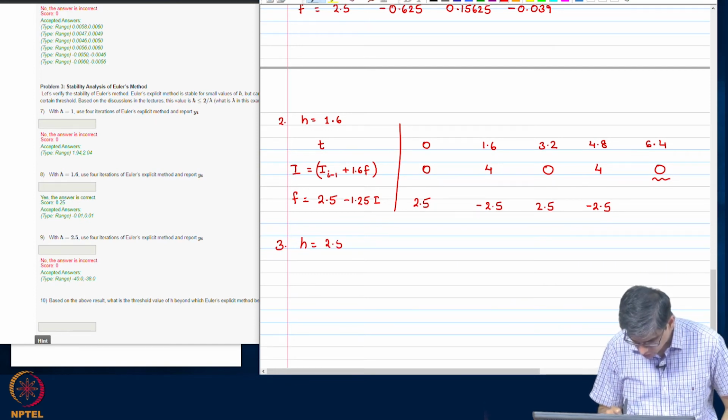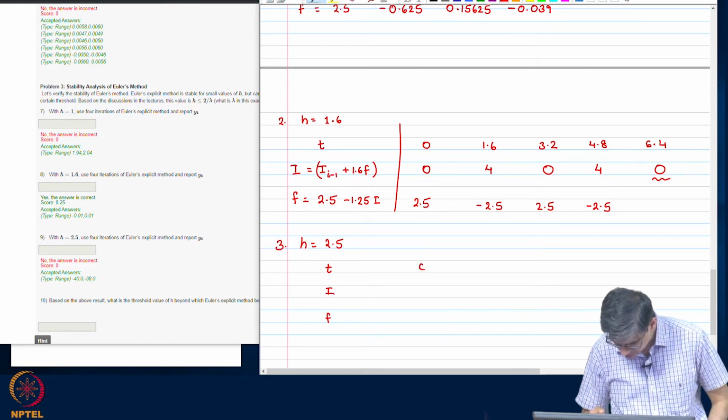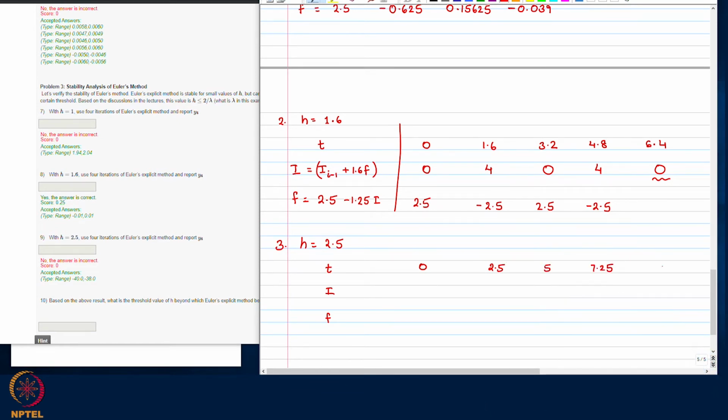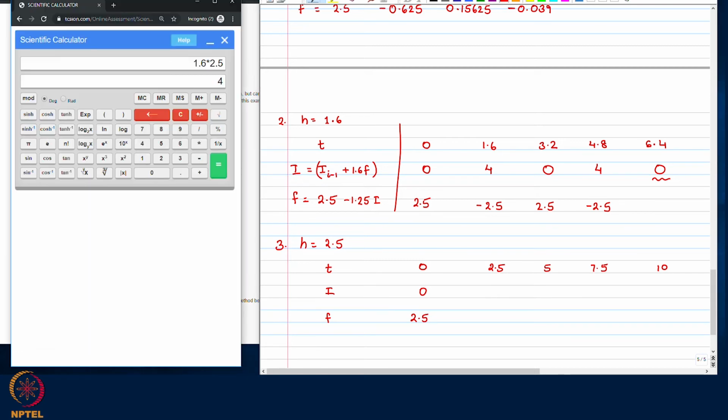So, h equal to 2.5. Starting with I equal to 0, f is 2.5.